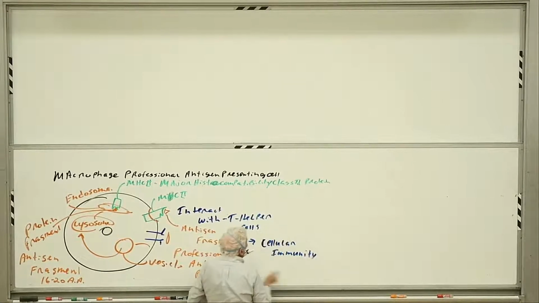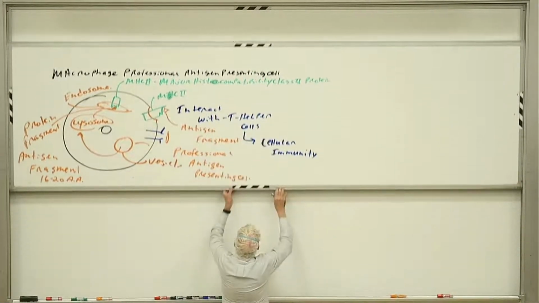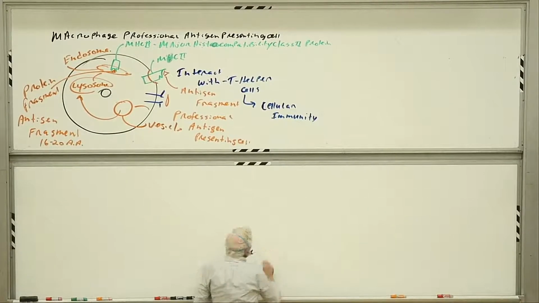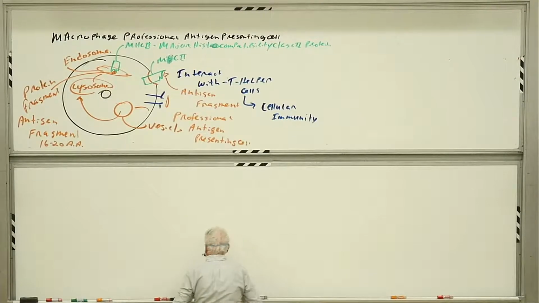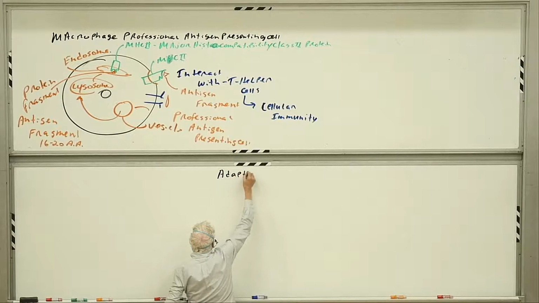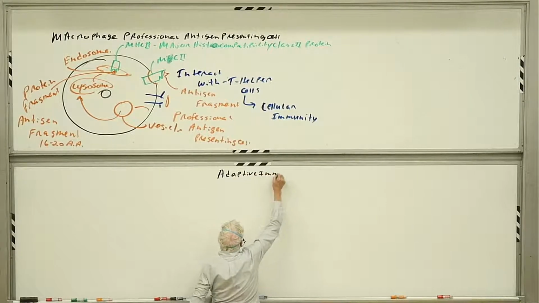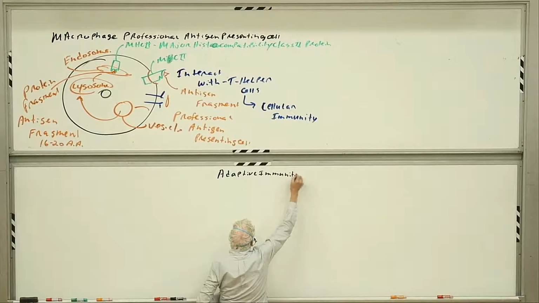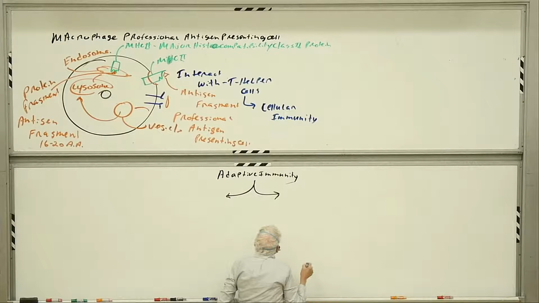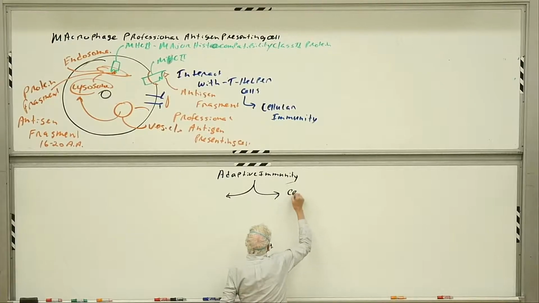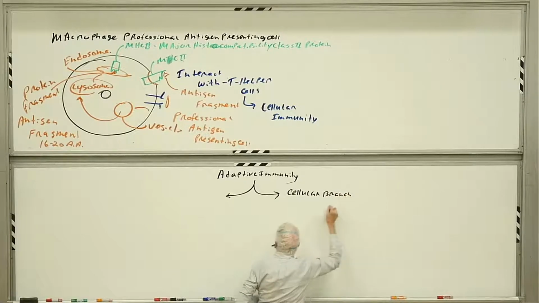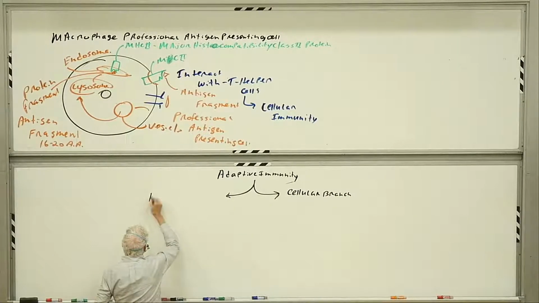Let's make a table here about adaptive immunity. And we could talk about the idea of adaptive immunity coming as 2 flavors, if you will. One is going to be the cellular branch, and the other is going to be the humoral branch.